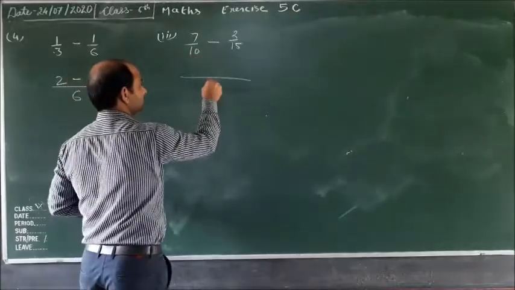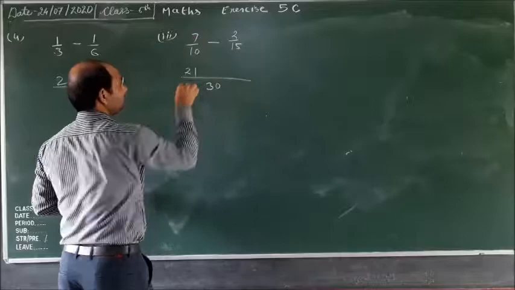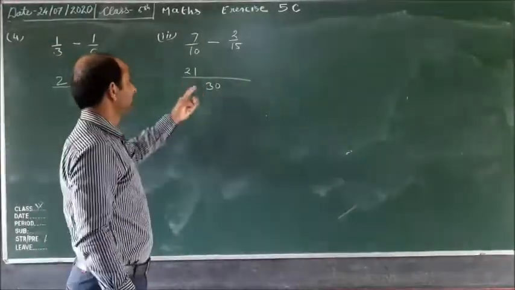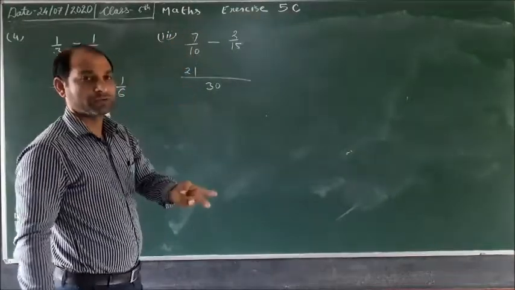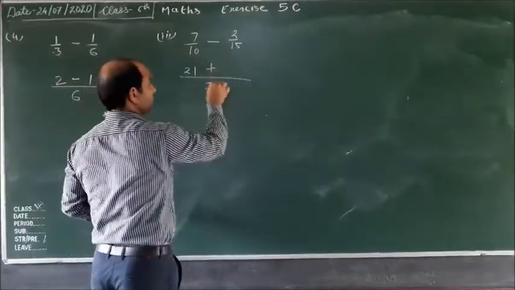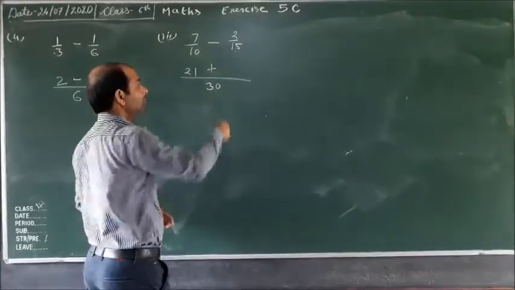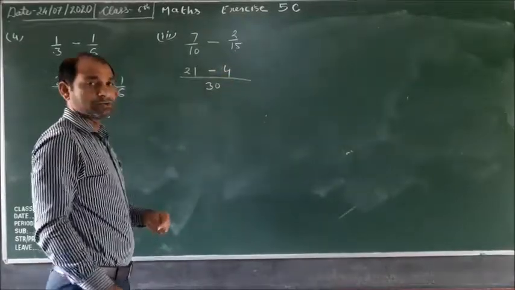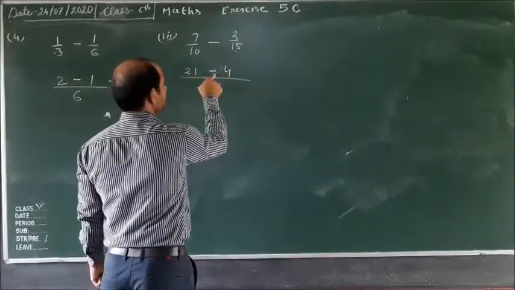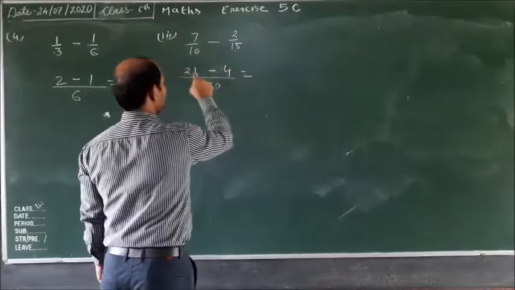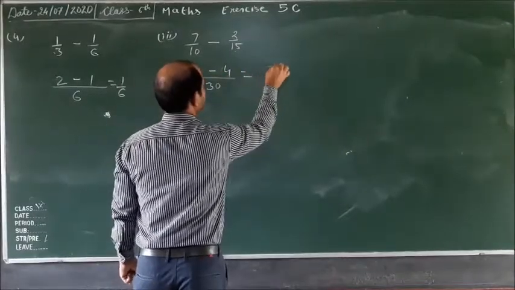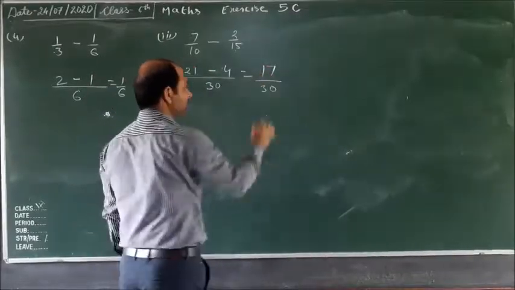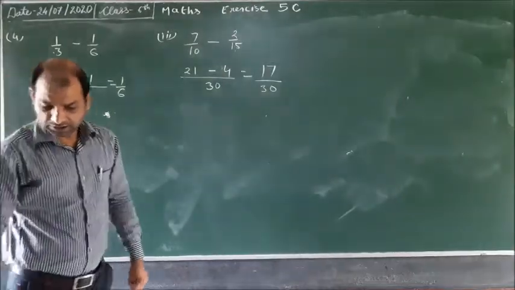Now 10 times 3 is 30 and 3 times 7 is 21. 30 divided by 10 equals 3, and 3 multiplied by 7 is 21. Now 15 times 2 is 30, and 2 times 2 is 4. Now 21 minus 4 equals 17 upon 30, and 17 is a prime number, so it is already in the lowest term.